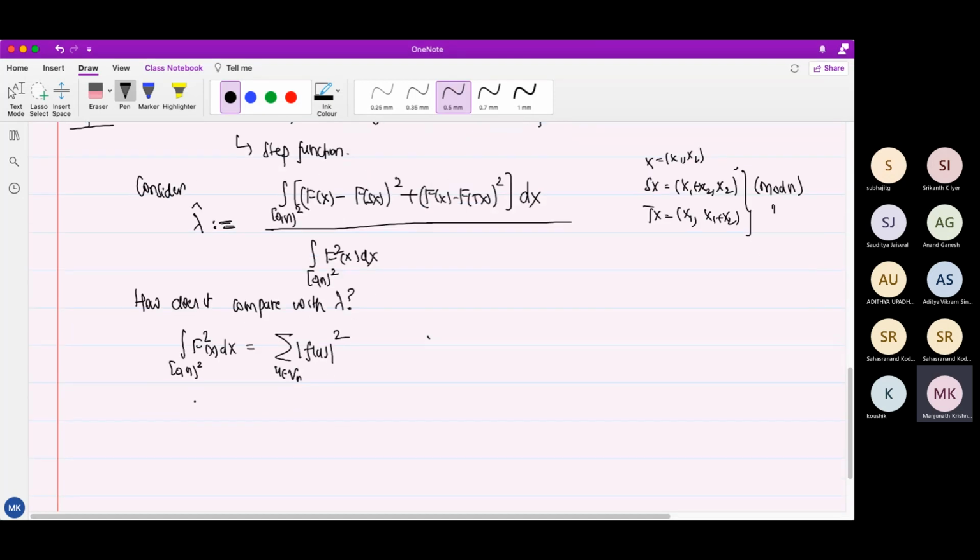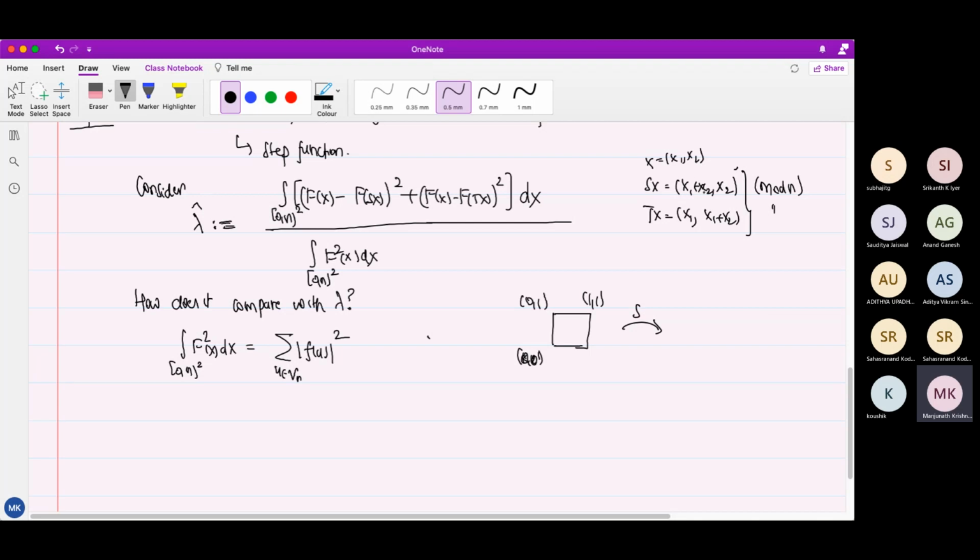What about the numerator? What you have to realize is what s and t do. Let's look at the simple square with corners 0 comma 0, 1 comma 0, 1 comma 1, and 0 comma 1. What does s do to this?